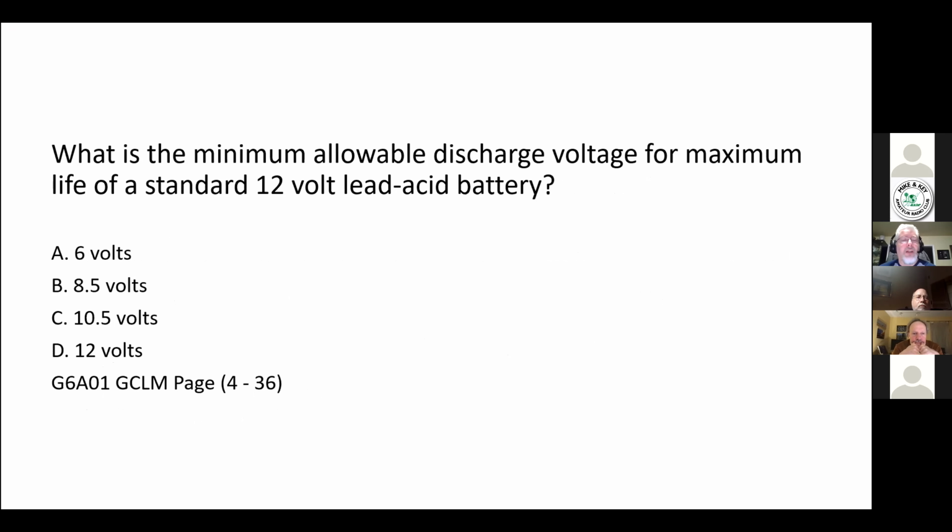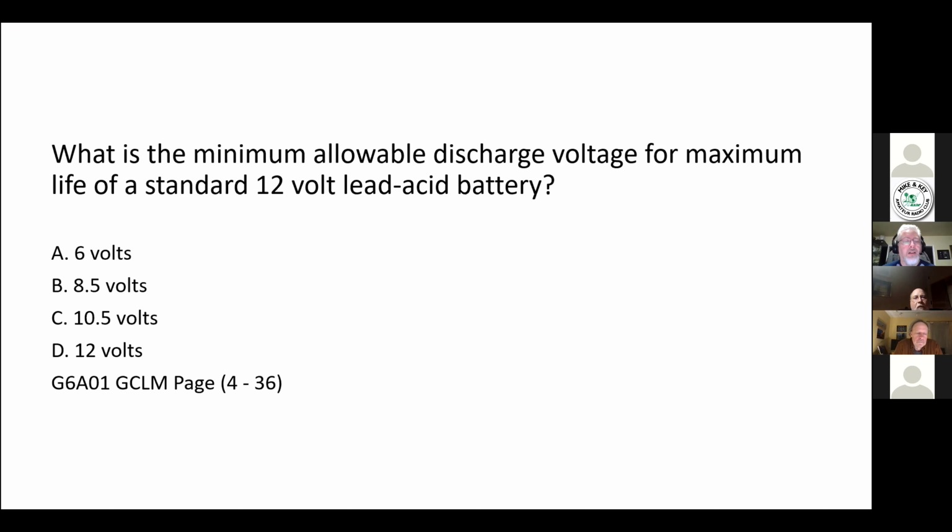What is the minimum allowable discharge voltage for a maximum life of a standard 12-volt lead acid battery? A, 6 volts, B, 8.5 volts, C, 10.5 volts, or D, 12 volts?